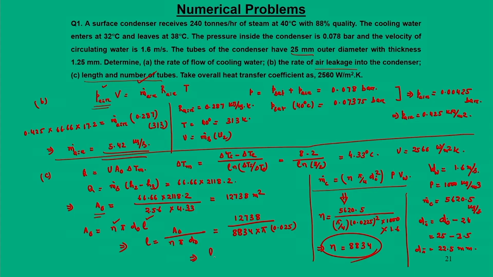So, this will give you L is equal to 18.35 meter. So, this entire problem discusses how you need to go for a condenser design.